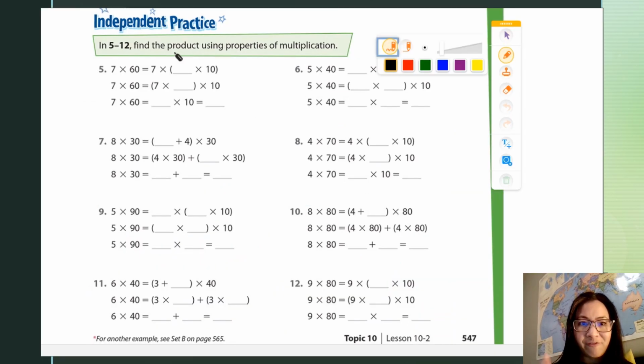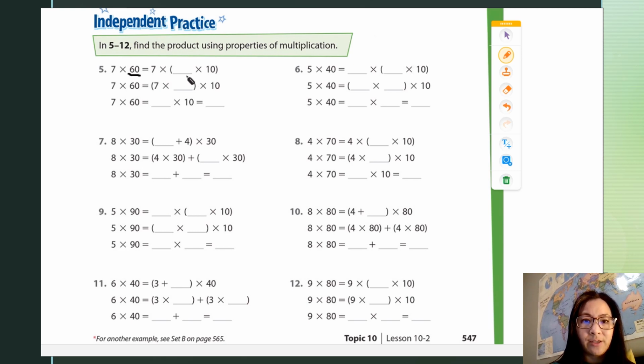I'm going to do number 5 for you here. So 7 times 60. This is showing us here, what times 10 equals 60? 6. And then 7 times what? We're just moving the parentheses over, grouping it differently. 7 times 6 times 10.